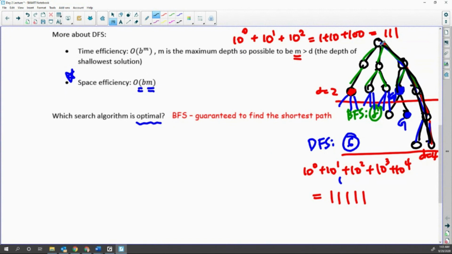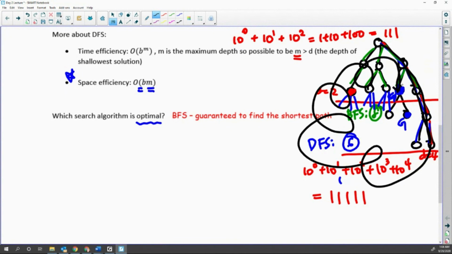So it is possible it goes all the way around. Even if we do not allow the comeback, as in graph search, DFS can possibly go all the way around and then finally get the goal. It is possible.